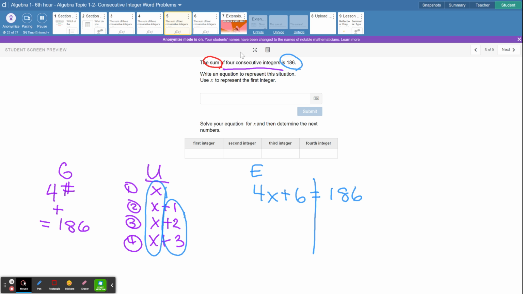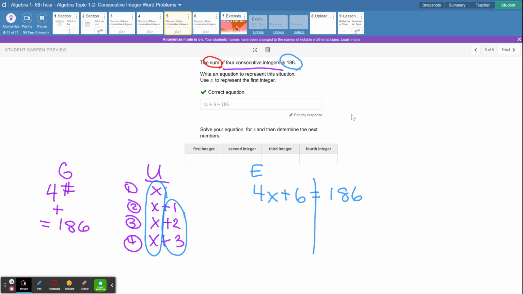So let's just confirm. All right, we got it correct. Now we're going to move on to solving this two-step equation, minus 6 on both sides. And then 180 divided by 4 gets you 45.